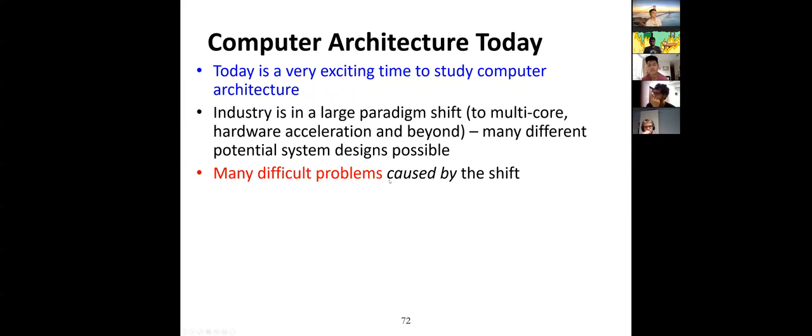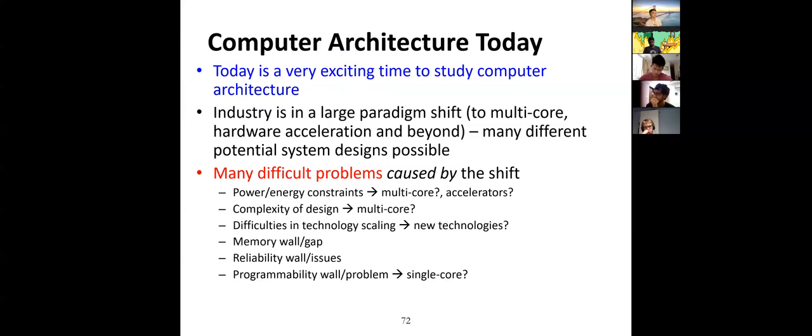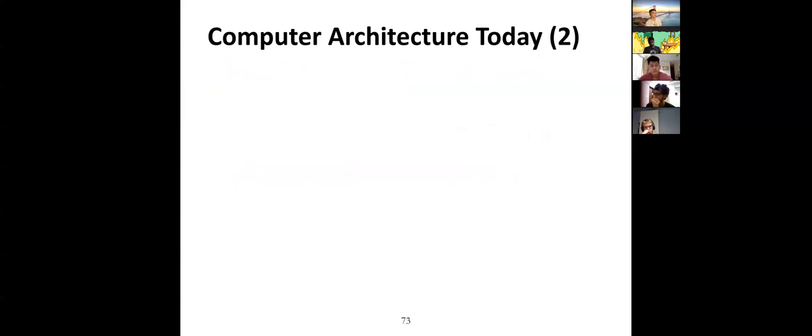There are many difficult problems that industry faces because Dennard scaling is over. Moore's law is pretty much over or nearly over, depending on how you define it. So it creates a lot of opportunities for you to benefit. It's bad for industry, but good for students. All these interesting problems are here that I mentioned already.